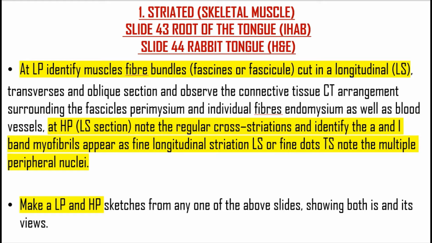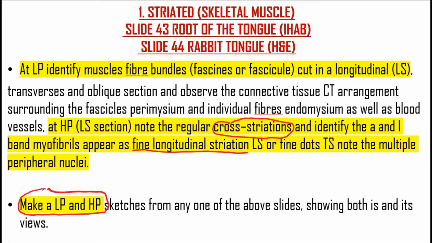At high power, you note the regular cross striations and identify the A and I bands and myofibrils, which appear as fine longitudinal striations. You make the drawing at both low power and high power.